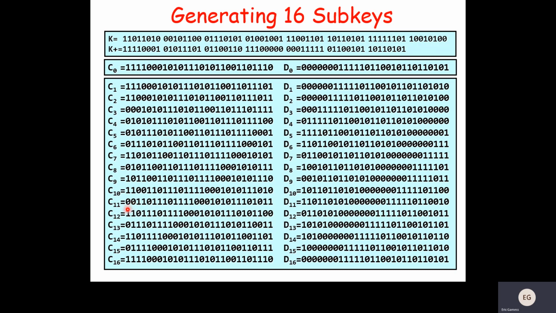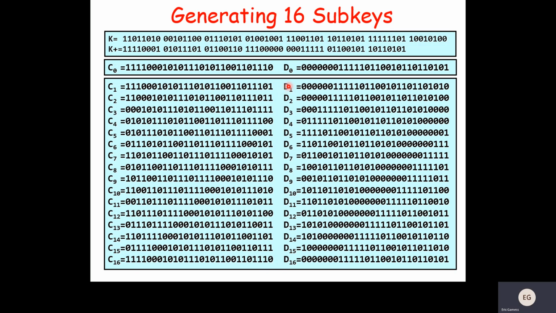From here to here, we can see how many rotations to the left I have done: 2, no? I take this 0, 1 and put them at the end. You do that for i that varies from 1 to 16, and you will get up to C16 and D16. Now, how do we compute? We need 16 subkeys.